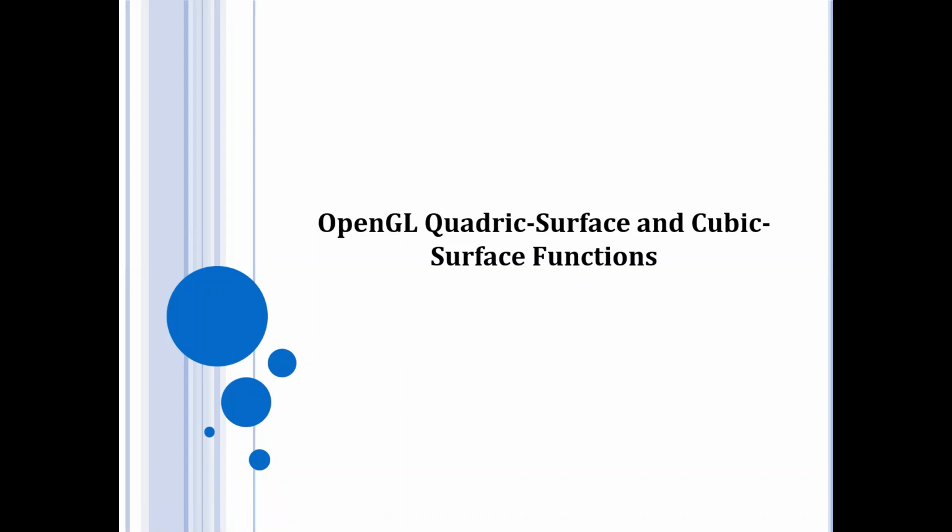To begin with, a number of three-dimensional quadratic surface objects can be displayed using functions that are included in the OpenGL Utility Toolkit, which we are familiar with as GLUT, and in the OpenGL Utility, which we commonly refer to as the GLU.